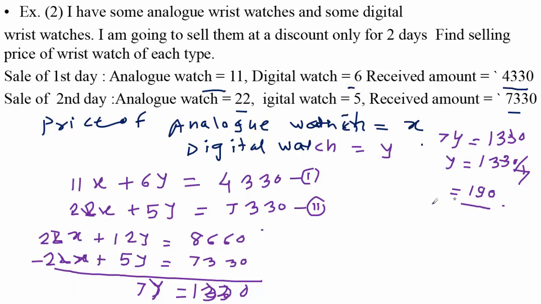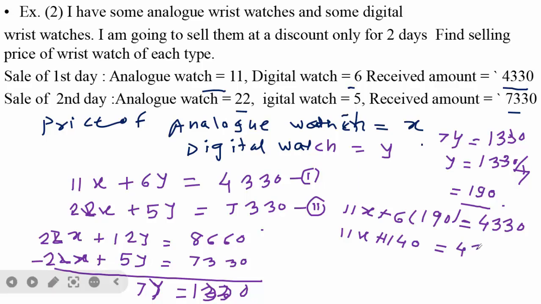Now, if I place this value in any one equation, first equation or second equation, I will get value of x. Therefore, 11x, I shall put in first, plus 6 into 190 equal to 4330. 11x plus 1140 equal to 4330.